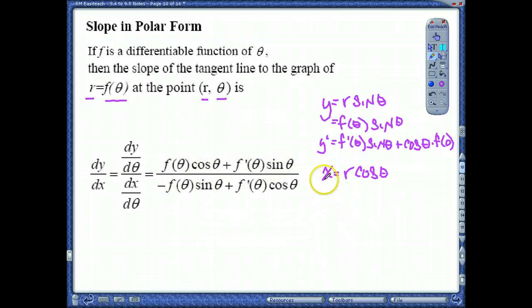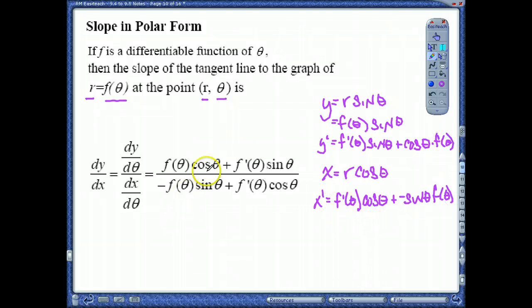Same thing with our x, the bottom there. If you do your product rule, you end up with, remember, r is f of theta, so we'd have our derivative cosine plus the derivative of cosine is negative sine. That doesn't look like a theta up there.